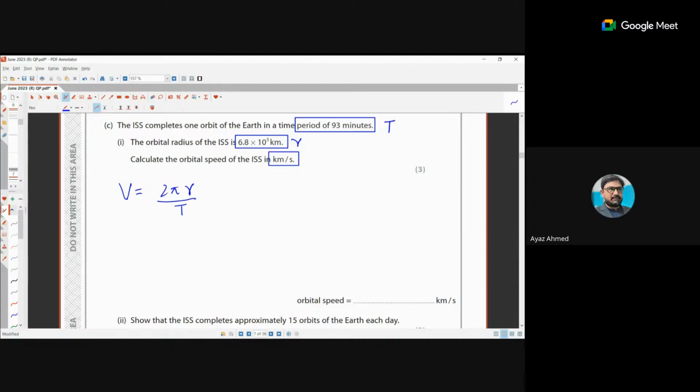So 2 pi, and r is 6.8 exponent 3. Because I have to write the answer in kilometers, there is no need to convert from kilometers to meters. But I have to change the time to seconds. There are 93 minutes, and I am going to convert them into seconds by multiplying by 60. So let me calculate that on my calculator.